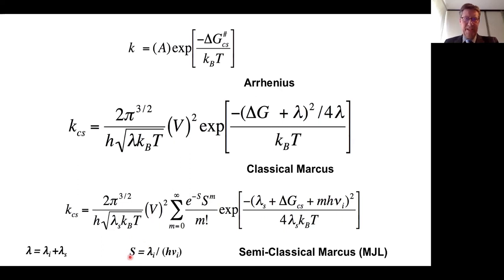So that is what we call the Huang-Rhys factor, which is the ratio of the internal reorganization energy and the energy of this vibration. So this here is actually like a scaling factor. It reduces the intensity of the summation as m increases.